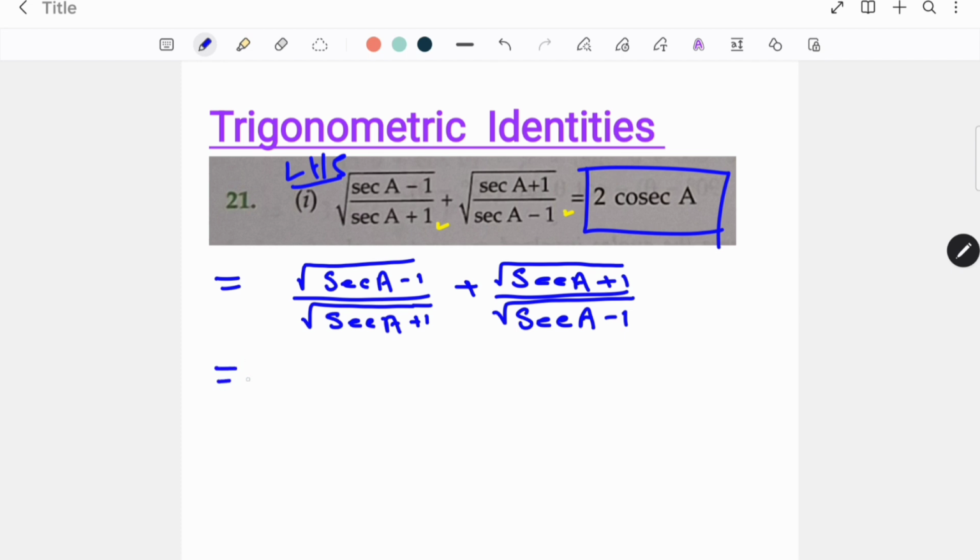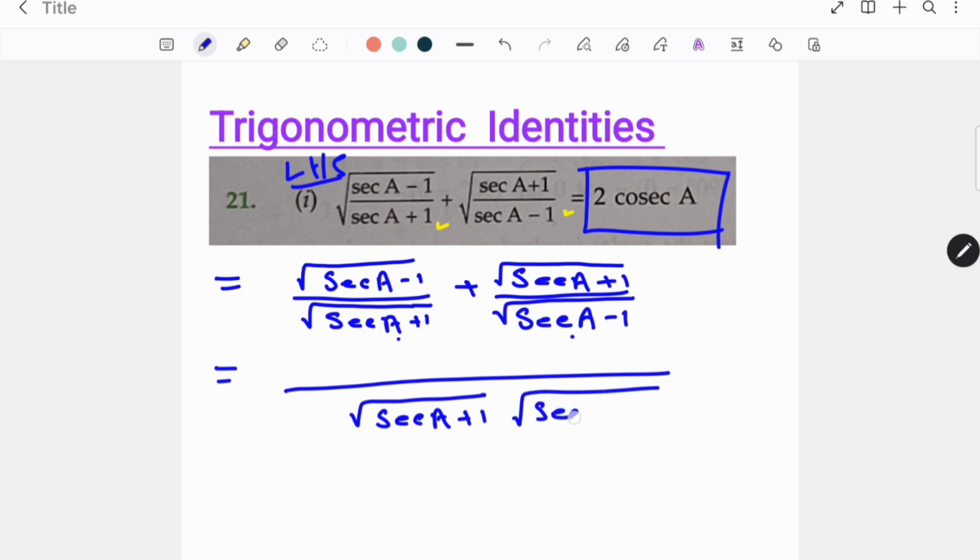Now we'll do the LCM. If we do the LCM, down we will be getting sec A plus 1, and for this and this we are getting sec A minus 1.